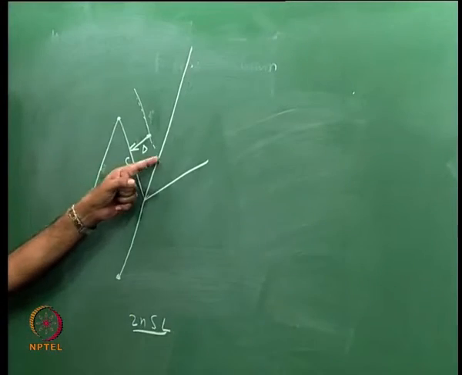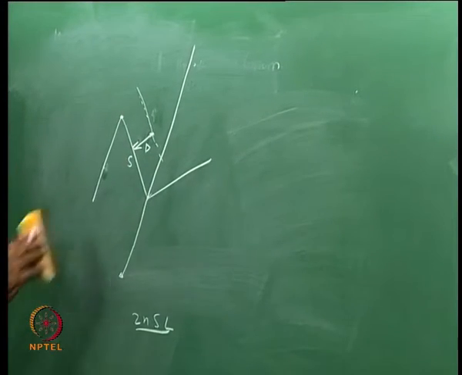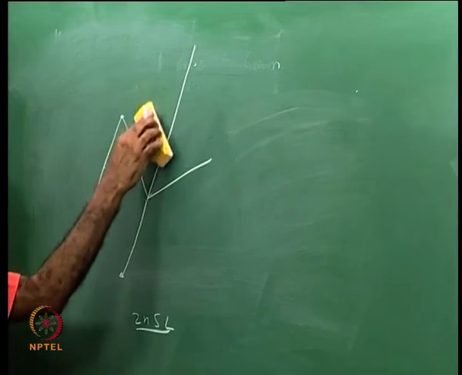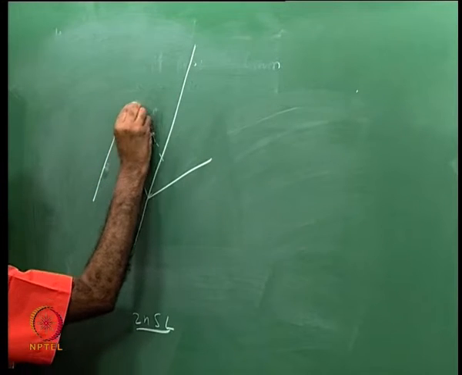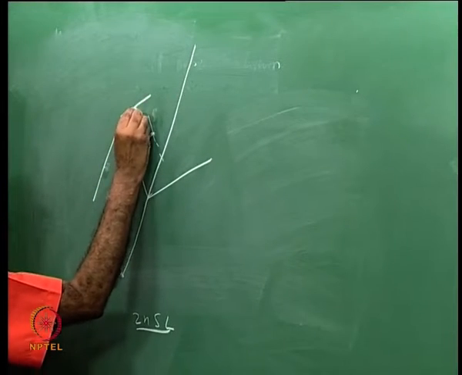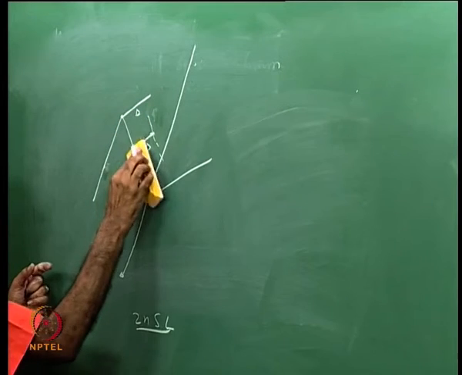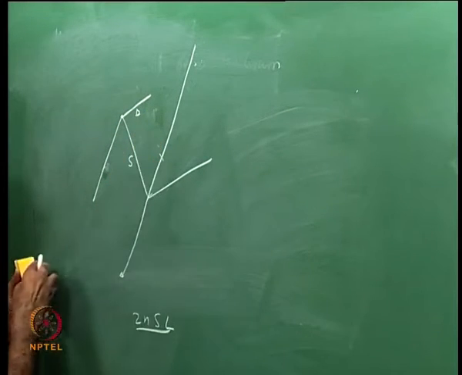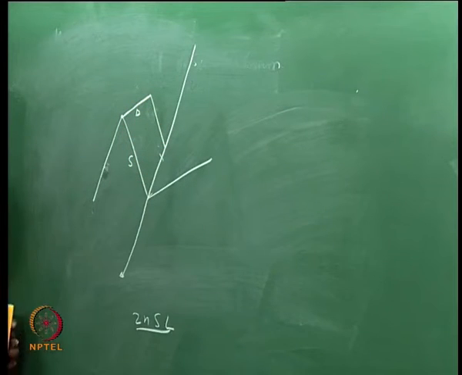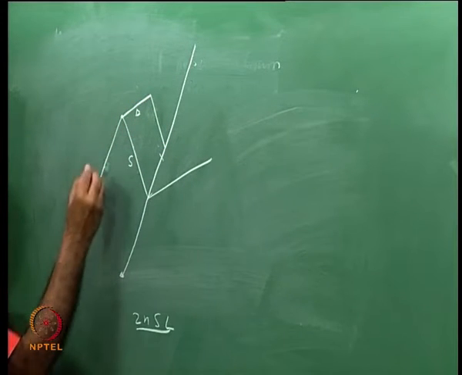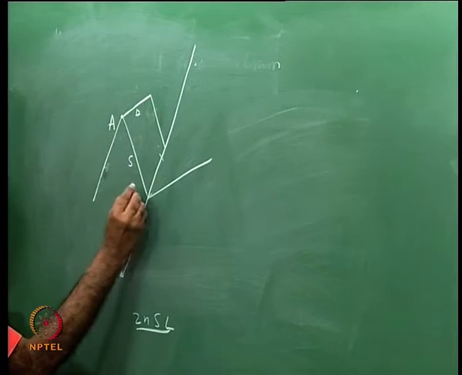How do I calculate this particular new length? Let us do that. The burning surface area should proceed normal to the surface. Let us say it moves by a distance delta. Therefore, when it moves by a distance delta, this line comes over here. That means, let us now put some names to it, because we are complicating the issue a little bit.